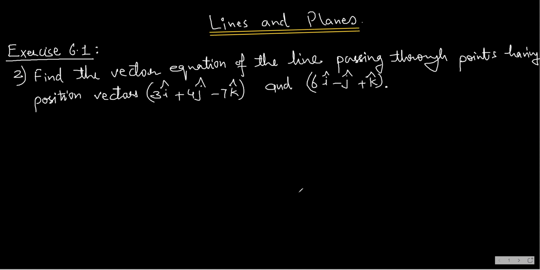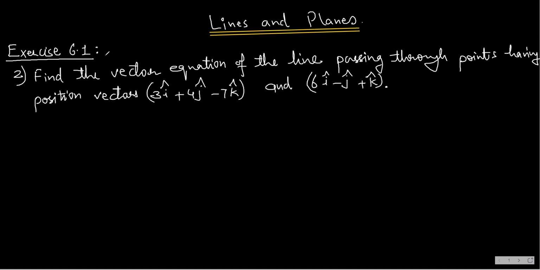The theory regarding this problem had been done in the last lecture itself, where we saw the detailed derivation of finding the equation of a line when we have 2 points on the line.